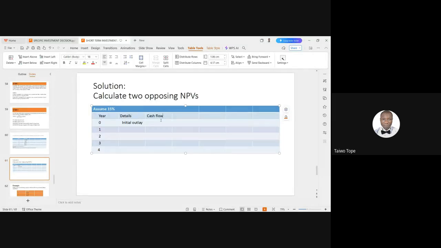It's a cash outflow of what? 150,000. So we're assuming 15%.